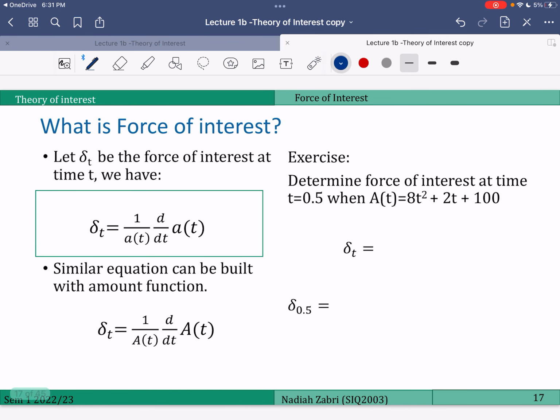So again, I reiterate, force of interest delta at time t is equal to the speed of growth, which is the slope of the accumulation function, divided by the fund at time t.